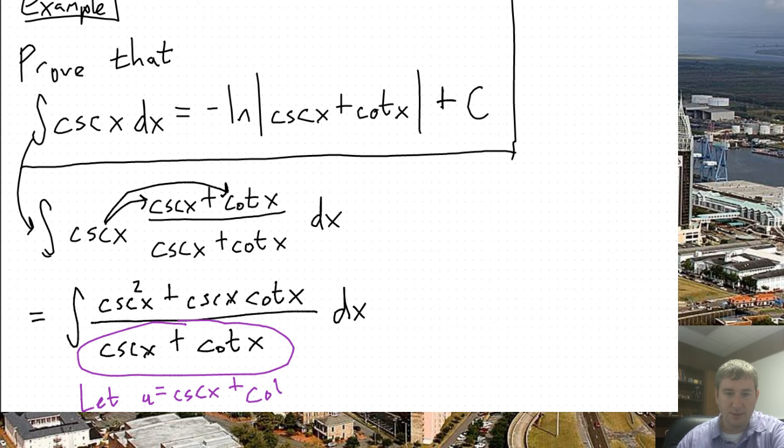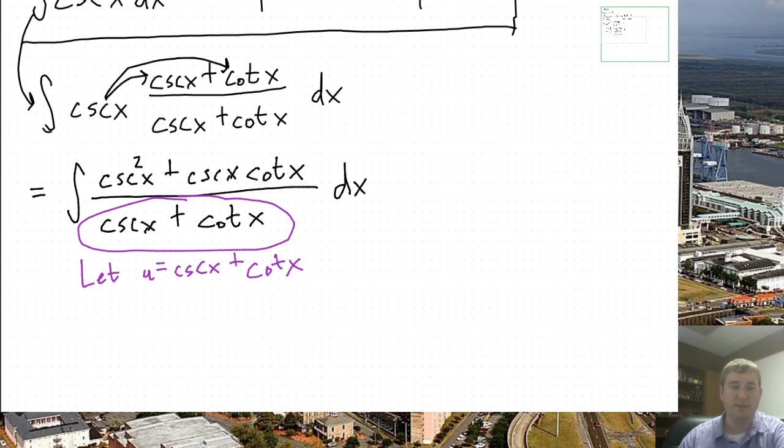And what you might notice is that, well, hey, what is the derivative? It's almost exactly the numerator, right? Du would be negative cosecant cotangent, and cotangent would become negative cosecant squared.